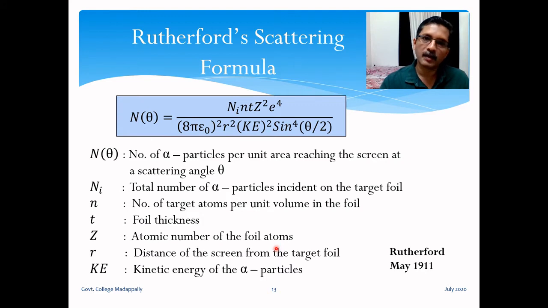In the original alpha particle scattering experiment, they used gold, whose atomic number is 79. e is the electronic charge, of course, and this is a constant we know. r is the distance of the screen from the target foil, the distance between the target foil and the zinc sulfide screen. And here the kinetic energy is half m v squared, the initial kinetic energy of the alpha particle. Theta is of course the scattering angle.